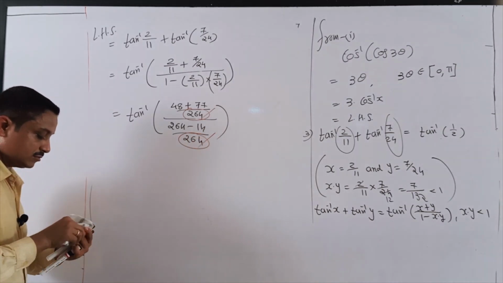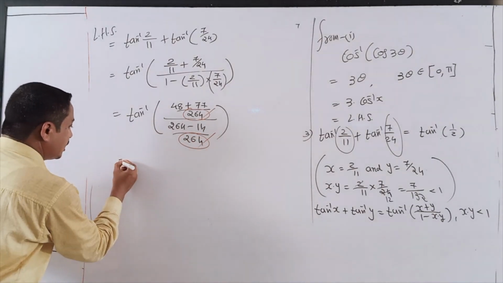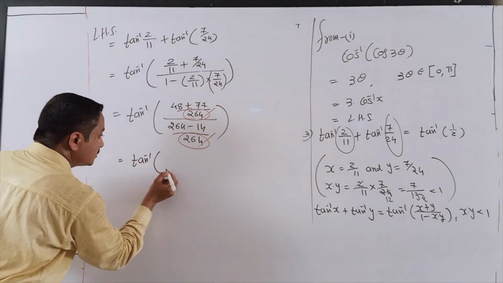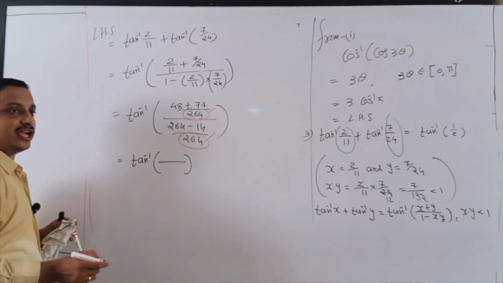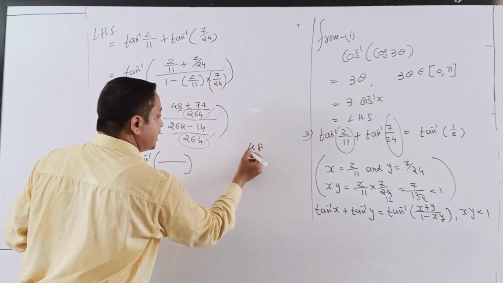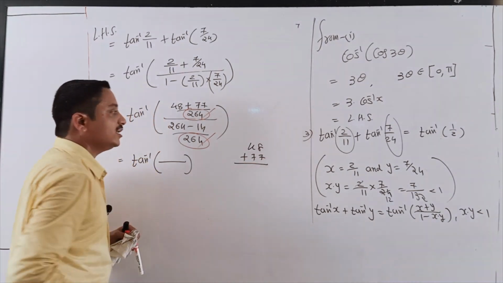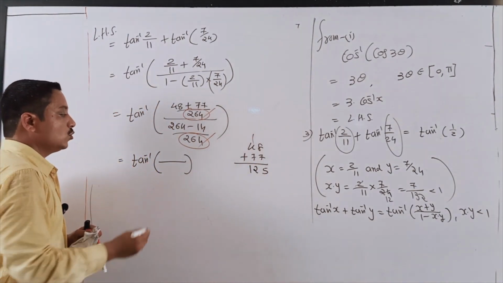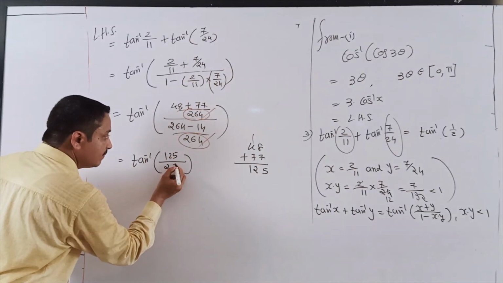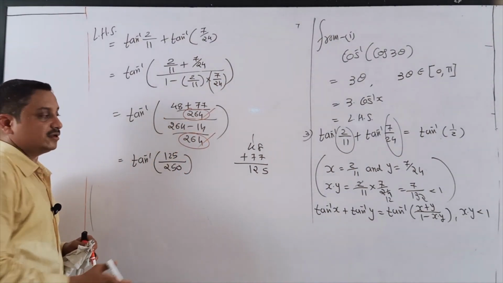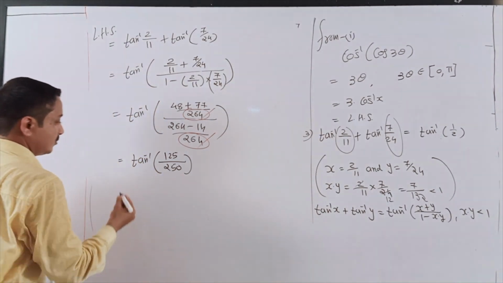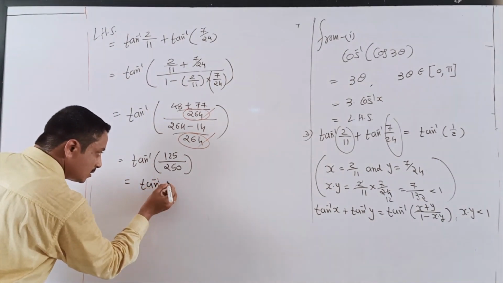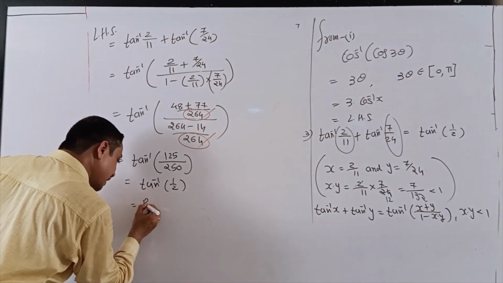You are only getting tan inverse. How much? Yes, it is 48 plus 77. It is addition. If you take, surely I think 125. Yes, 125 and here 250. 264 minus 14. So surely you are done, your answer is tan inverse half, and that's my RHS.